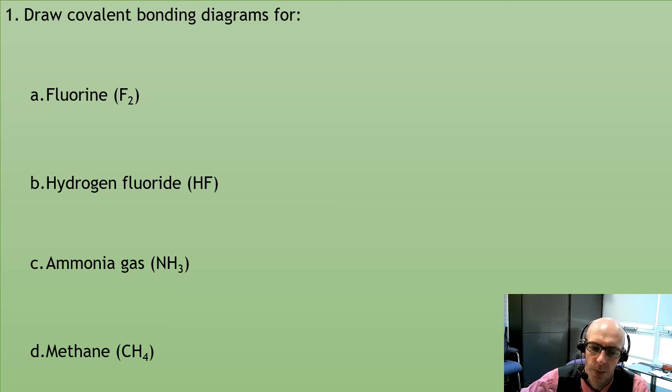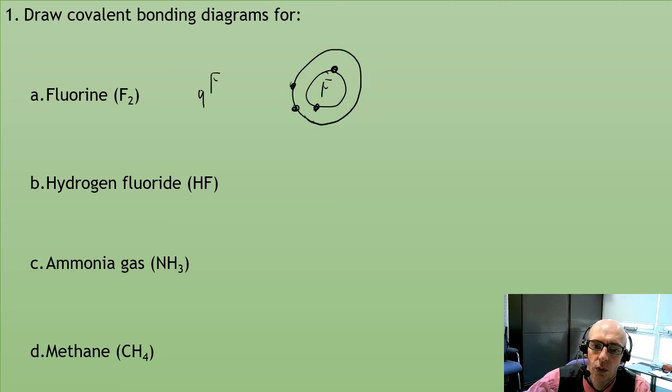And then what we're hoping is that you are now in a position where you can try these. You're going to do exactly the same as we've done in our examples today. Fluorine, you'll start. You'll look at it on the periodic table. Fluorine has 9 protons, therefore it's got 9 electrons, which means it has 2 in the first shell and 7 on its outside shell.